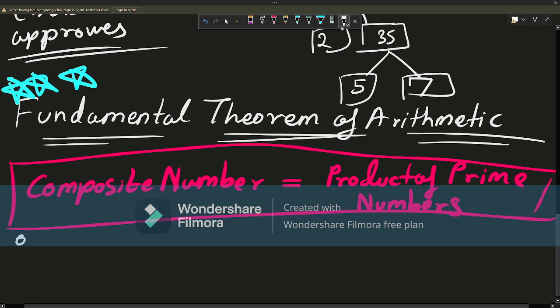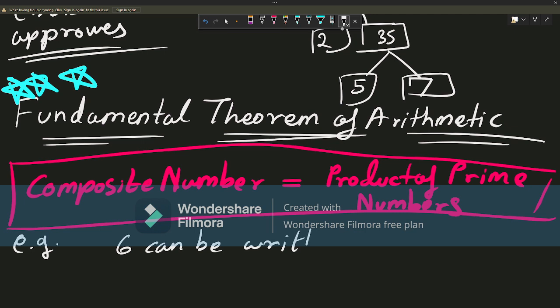Suppose I have 6. Now 6 can be written in a simplified form. Not just 6 as a one-digit number, it can be written as a product of prime numbers. I have already told you what a prime number is. A prime number is a number which has only two factors, which are 1 and the number itself.